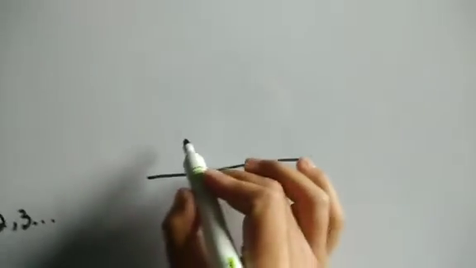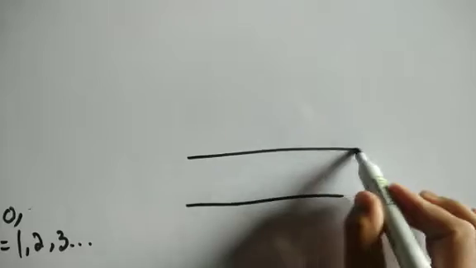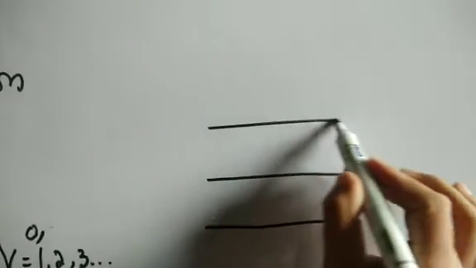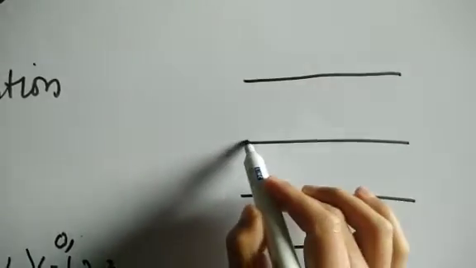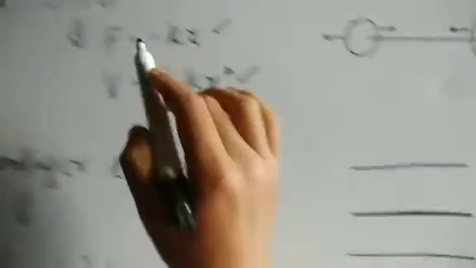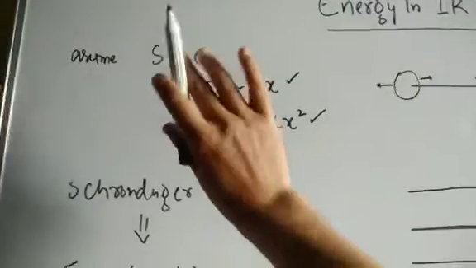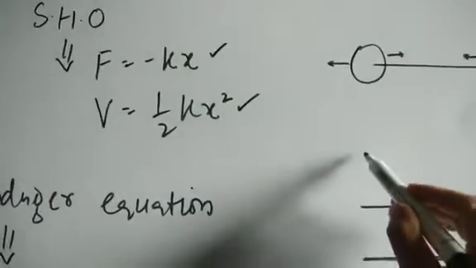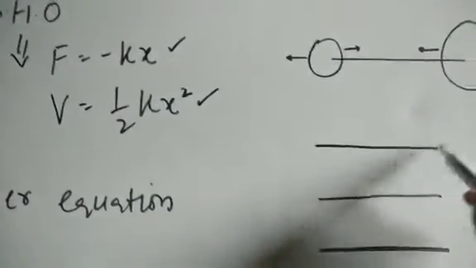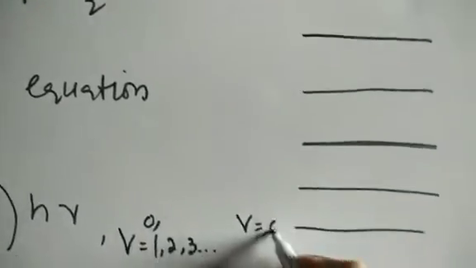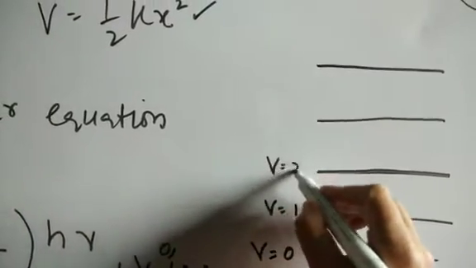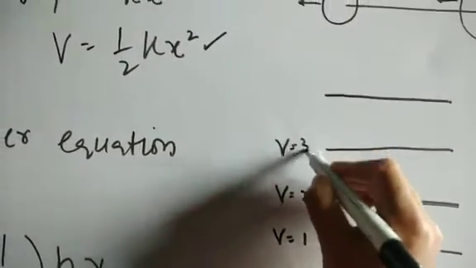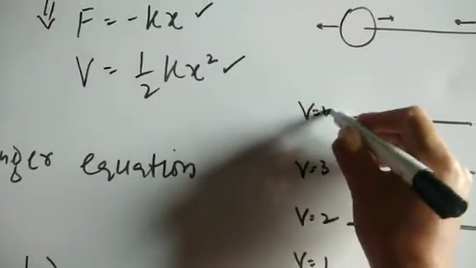So we will make the energy level diagram. Important to remember here is that we are assuming we are dealing with a simple harmonic oscillator, that the bond length doesn't change. So the energy levels are equally spaced. This is the V equal to 0 state, V equal to 1 state, then V equal to 3 state, V equal to 4 state.